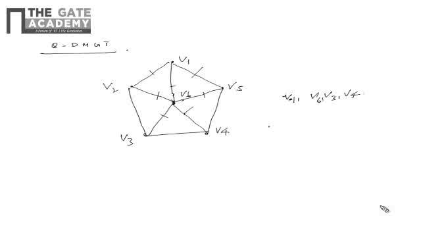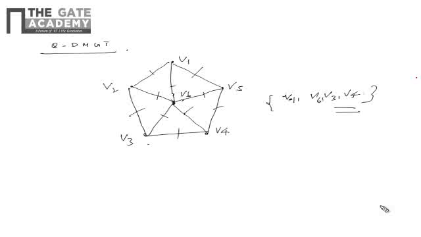Then with v4 this will be covered, and with v3 this will be covered, because this edge is incident, so this will be a vertex cover. Similarly there will be 4 vertex covering.